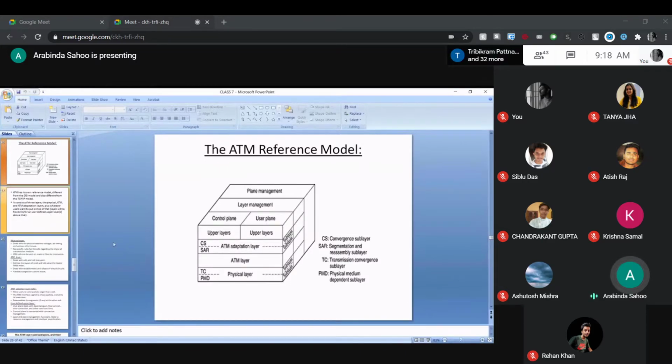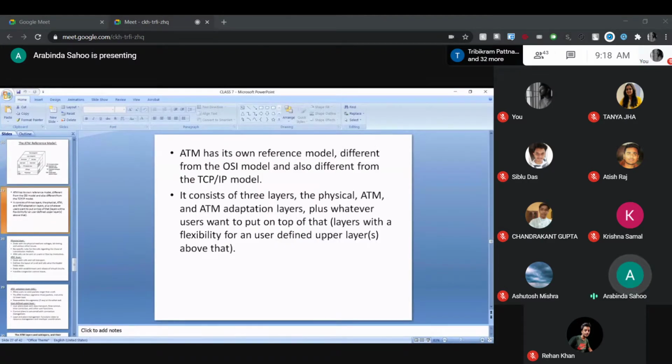So the layers plus whatever users want to put on top of that. A layer with flexibility for a user defined upper layer. So this is basically known as your user defined upper layer.